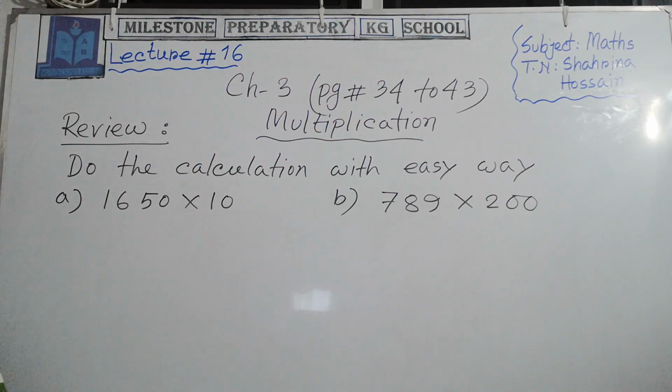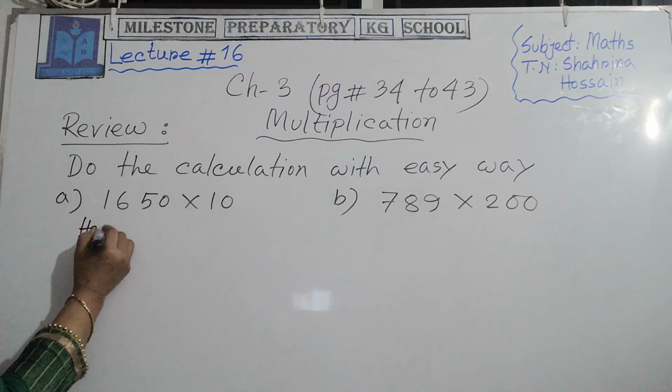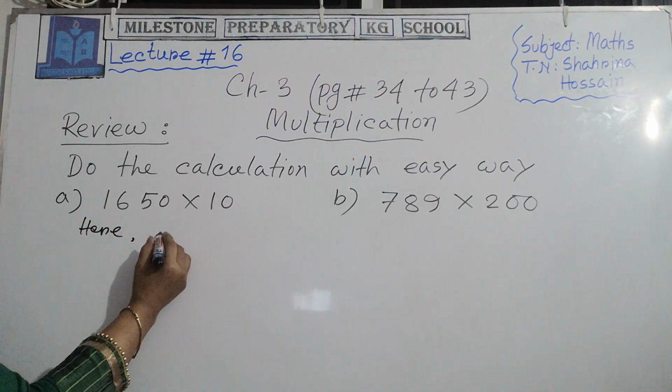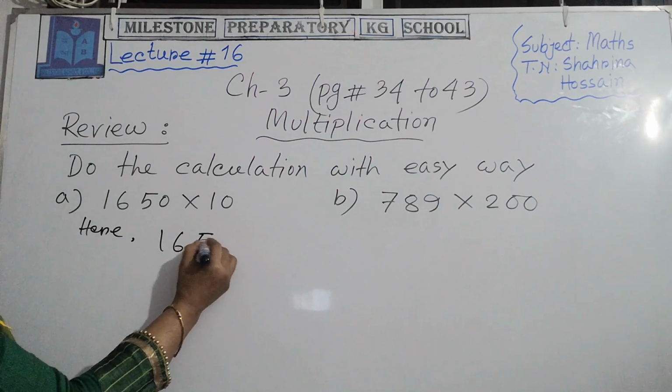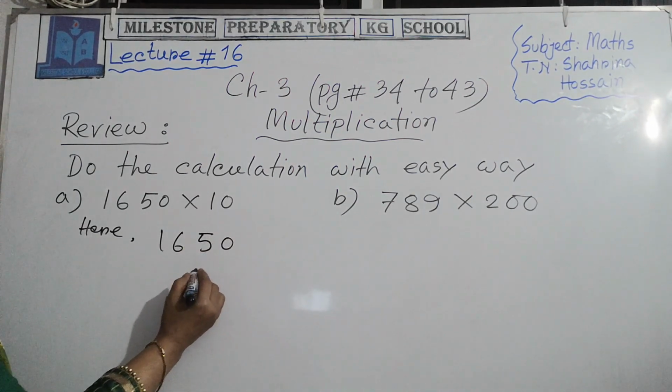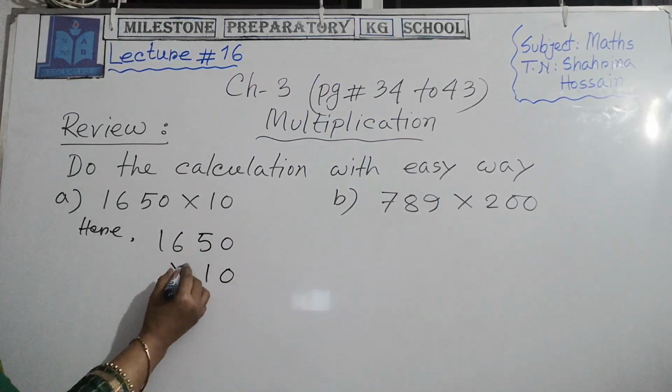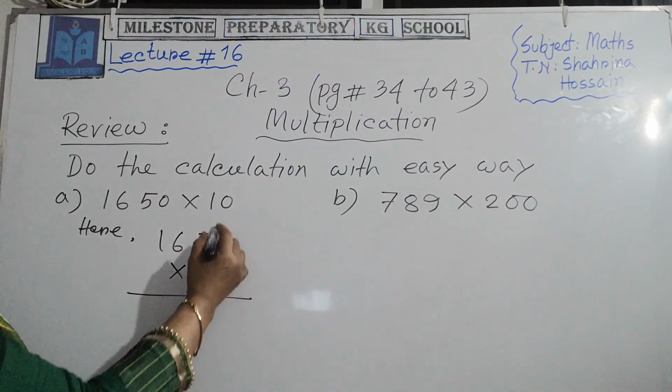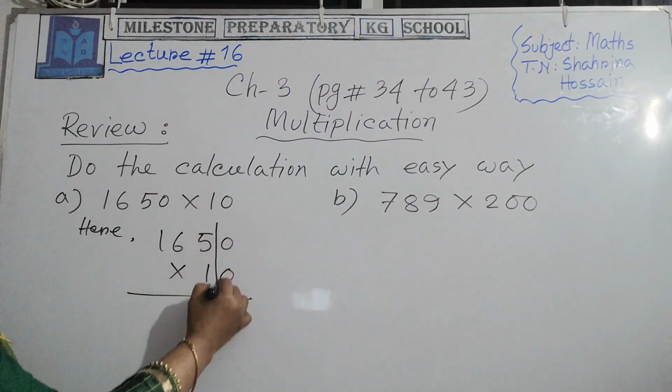Done? Okay, now let's come. How can we show the calculation? Here 1650 multiplied by 10. We can easily separate the zeros.